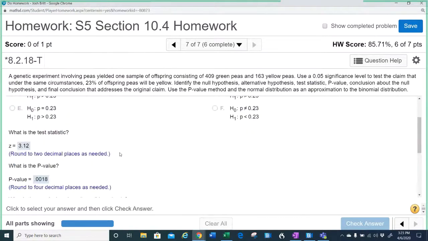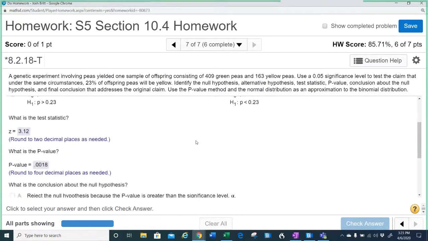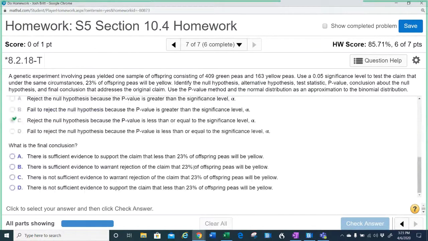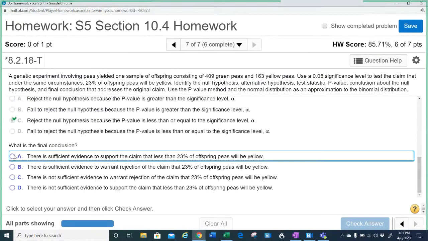So we reject the null. There is sufficient evidence to support the claim. Yeah, always go with the researcher's hypothesis.